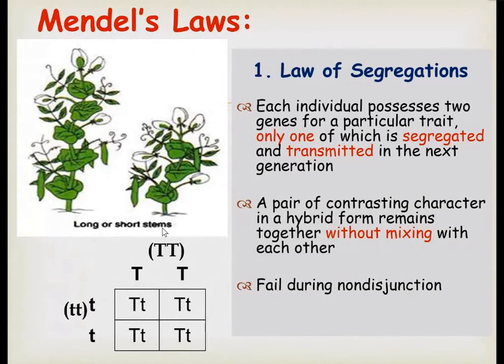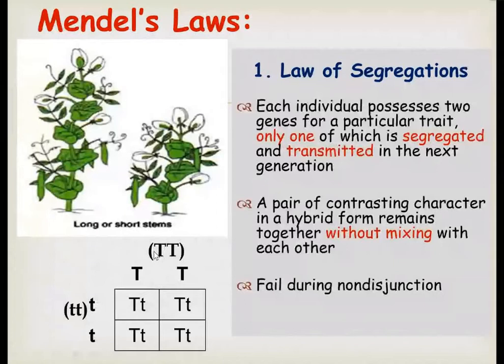Now, what does this law of segregation mean? Now, see, this is one parent. This is the another one, and the small tt for the short one. Now, what he had observed is each individual possesses 2 genes for a particular trait, capital TT for the tall and small tt for the short one. Then out of these, only one will get separated and they will transmit it to the next generation.